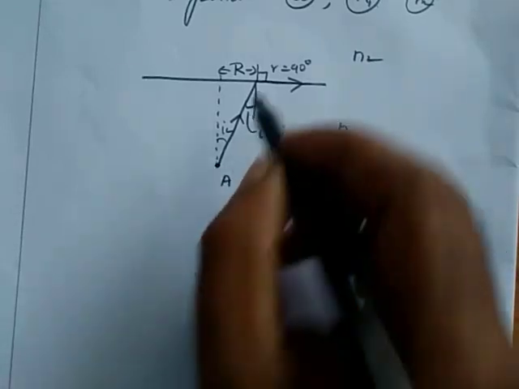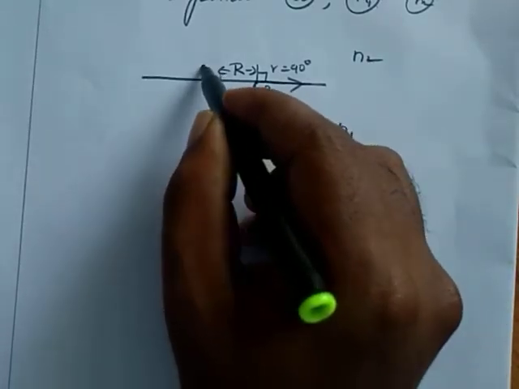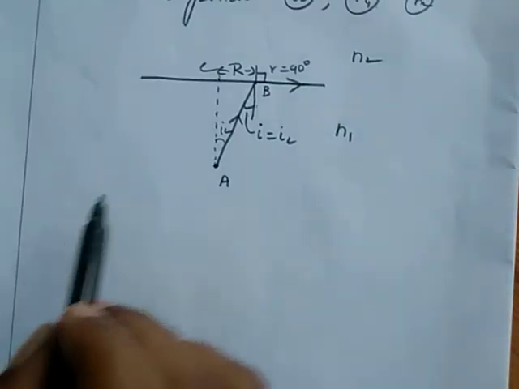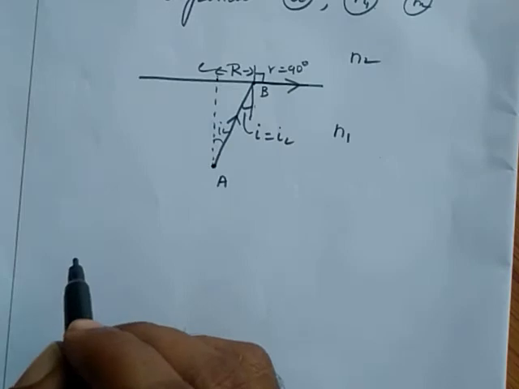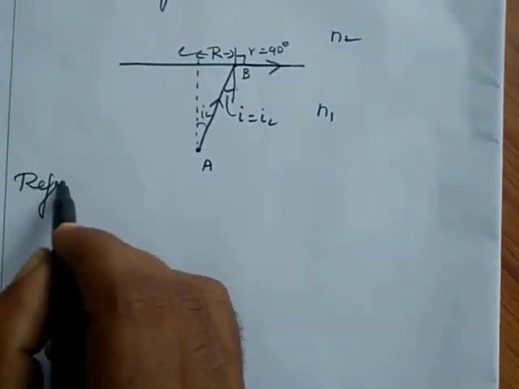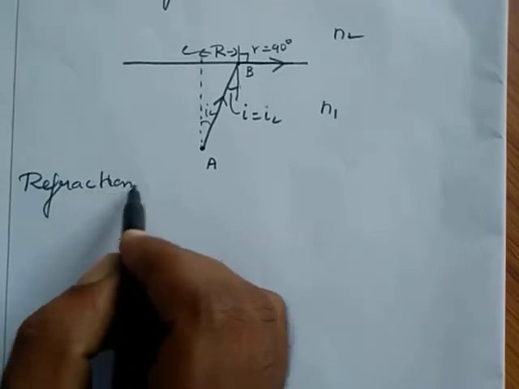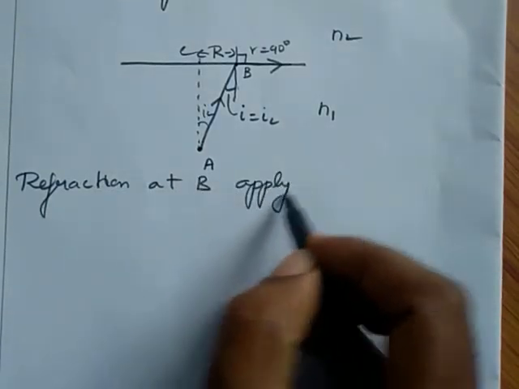Here I consider this point as B, this point as C. There is a refraction at B, so we can apply Snell's law.